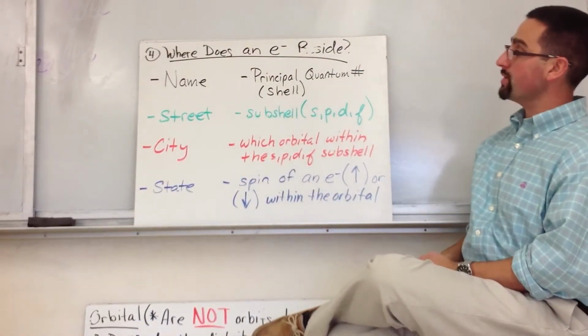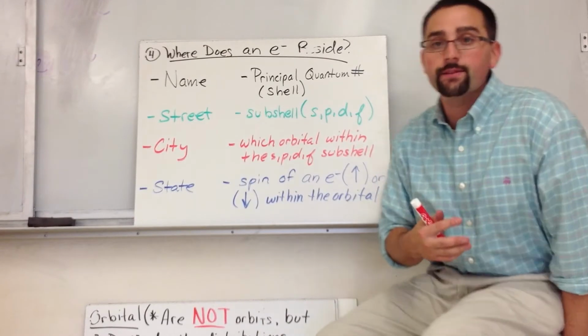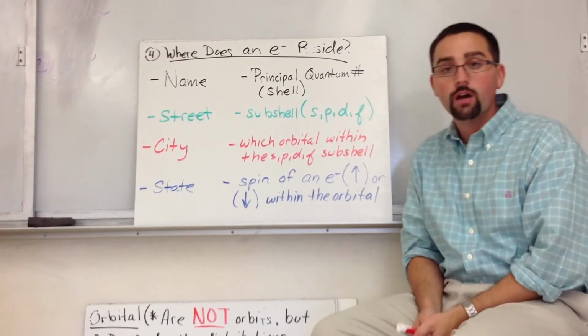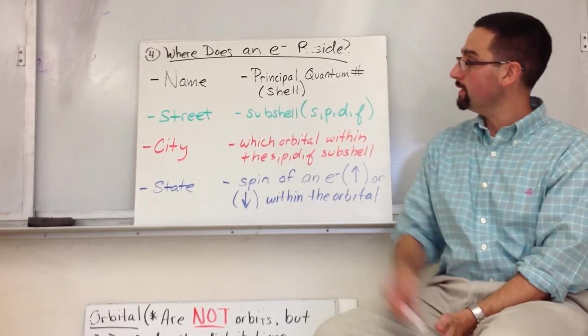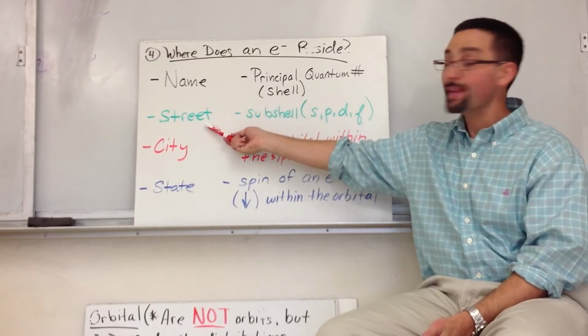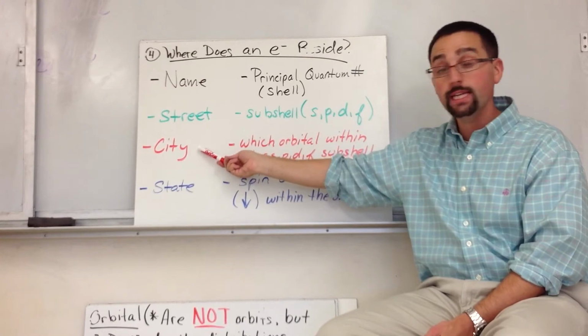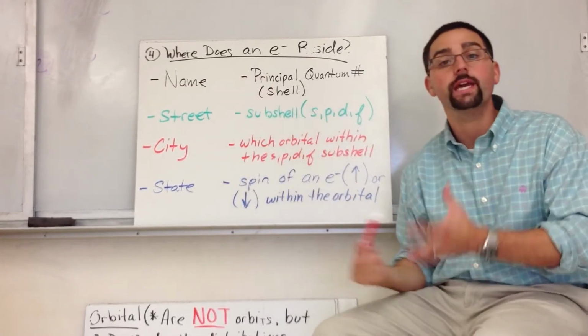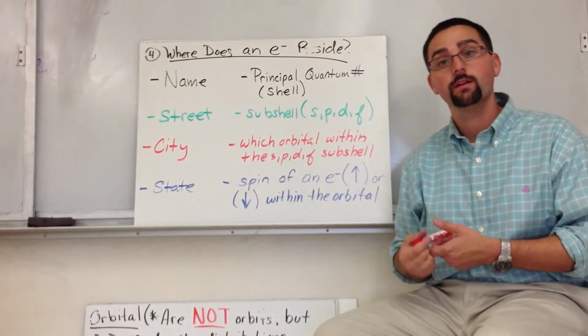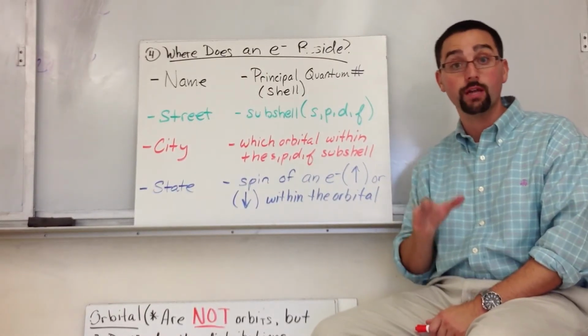The analogy here is if you're trying to send a hard copy in the mail of anything, let's say a catalog, to someone, you need to know that person's name, street, city, and state. You would know their location, where they reside. The same analogy holds true of an electron.